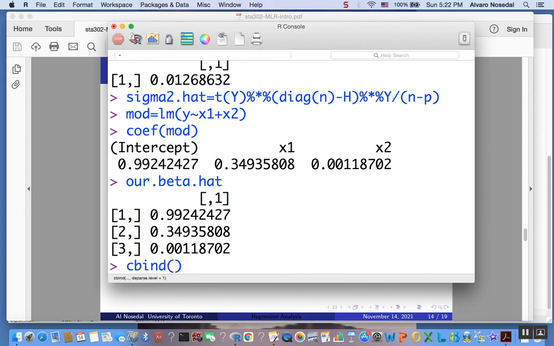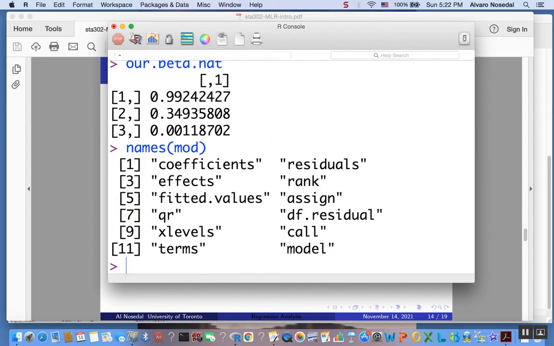Let me use that cbind function so we can make a side-by-side comparison. And let me remind you that if you want to see what you have inside that linear model object you created, in this case I want those fitted values.